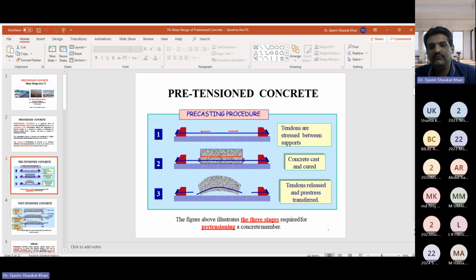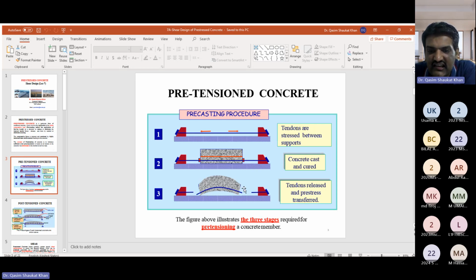Then we have studied that there are two types of prestressing: pre-tensioned concrete and post-tensioned concrete. In pre-tensioned concrete, the precasting procedure is that in the first step, the tendons are stressed between the supports. Then the concrete is cast and cured, and in the third and last stage, the prestress tendons are released.